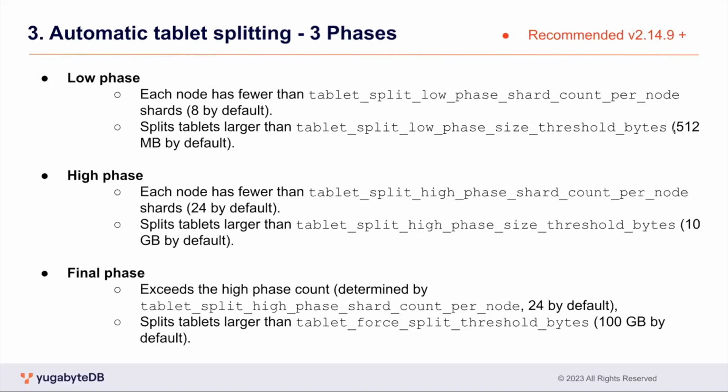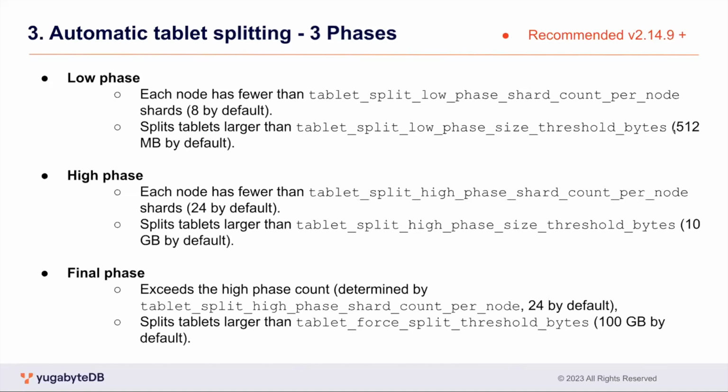Of course, as your table gets more data, the more it will split. That's the low phase. So between 1 and 8, I don't remember if it's 7 or just 8, but between those, it will split at 512 megabytes by default. Again, you can change that.